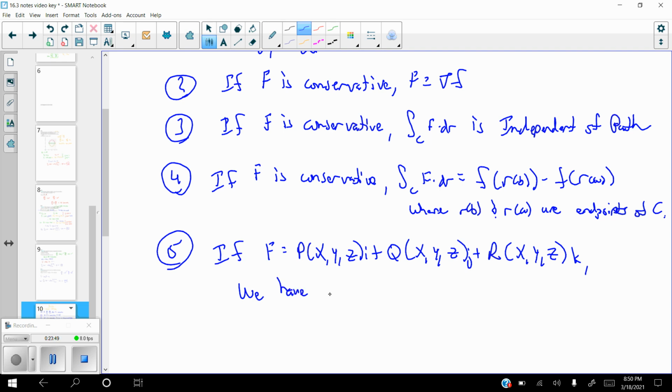We have no efficient way of determining if F is conservative.